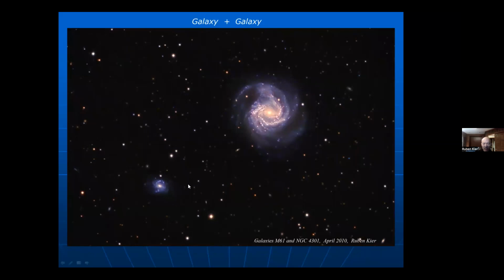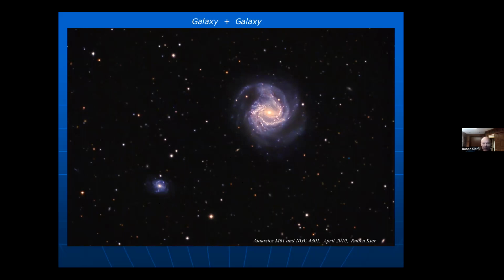So I've shown you nebula plus nebula, cluster plus cluster. This is galaxy with galaxy, M61 and NGC 4301. I think that this is a more interesting composition, bringing this off center of gravity. Always put the larger object closer to the center.